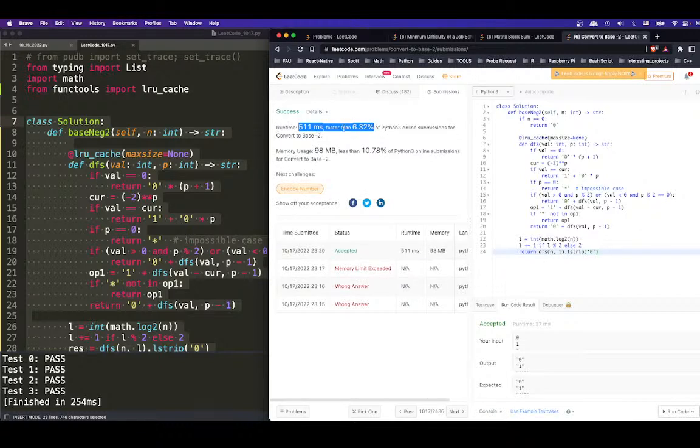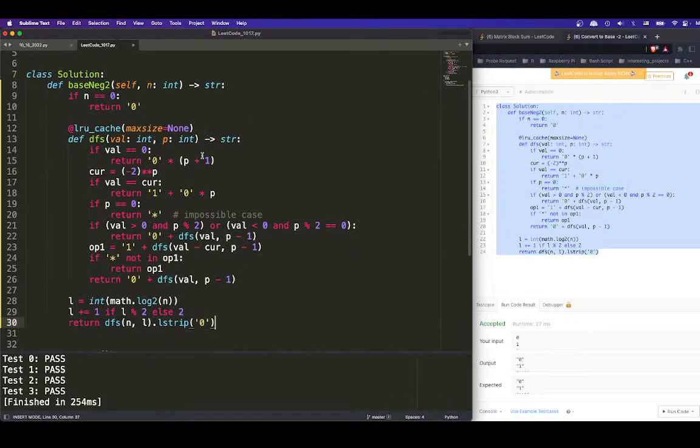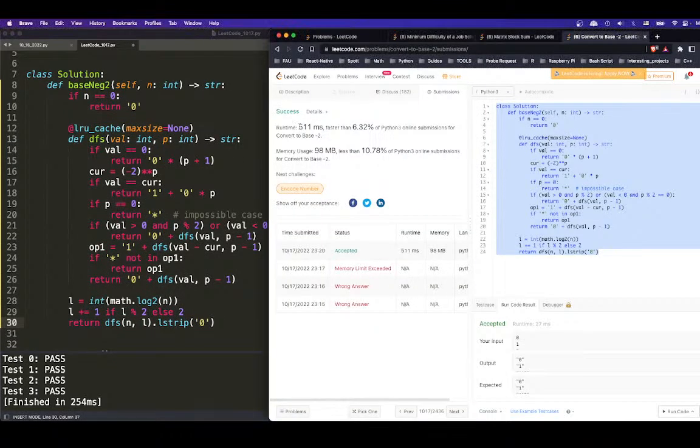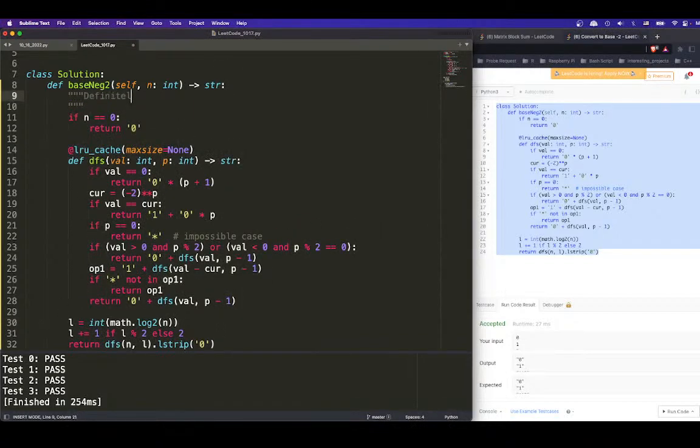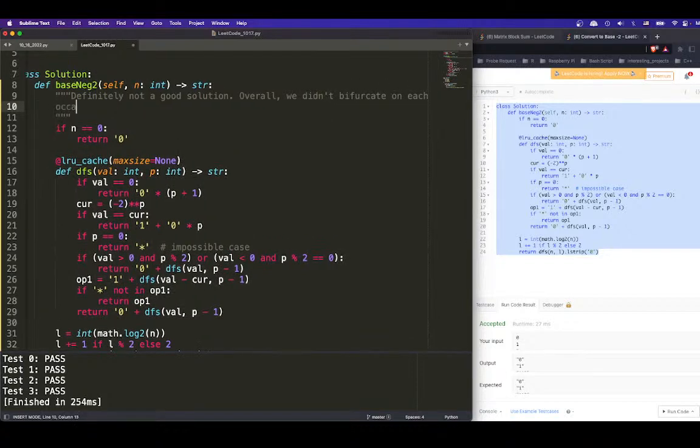Just right around the time I'm about to give up. But yeah, this is not a good solution. I will have to check the solution for this one. Oh my god. Yeah, definitely not a good solution. But overall, we didn't bifurcate on each occasion, right?